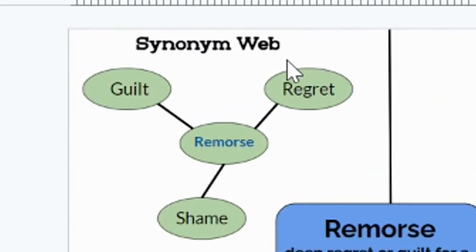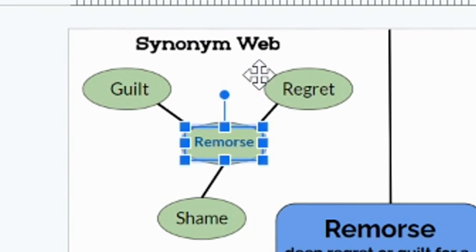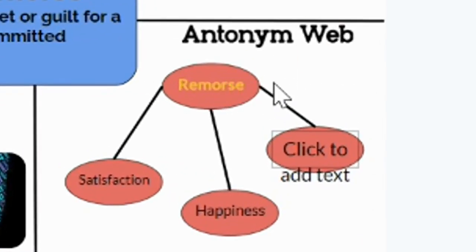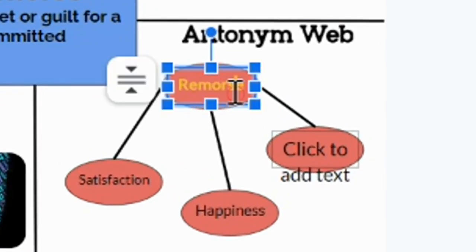So in the top right corner here, that is the synonym web, where you're going to place your vocabulary term in the center, and then you're going to look for three synonyms for that vocabulary term. On the opposite corner, you have your antonym web, in which you're going to place your vocabulary term in the center and then look up antonyms.